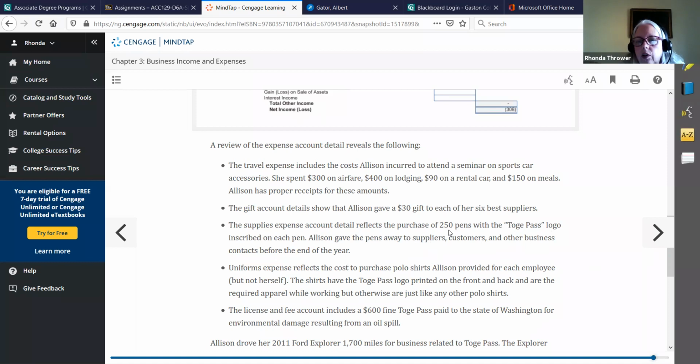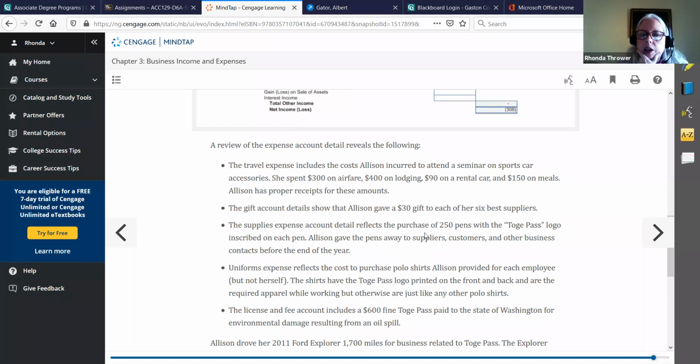Well, they didn't really tell us how much the pens cost us, but if it's under $4, then you can deduct those from your expenses. And all of it was put in the supplies expense account.